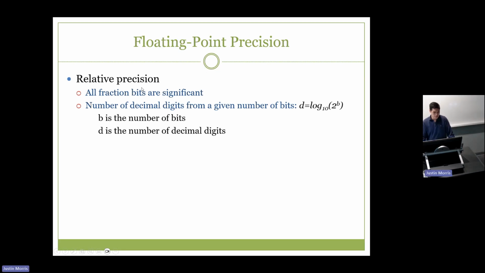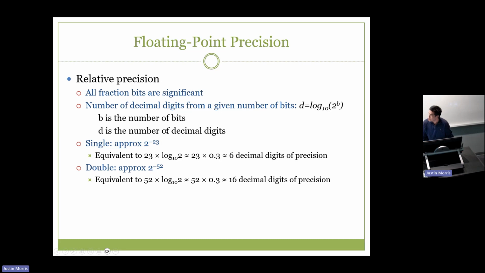So floating point precision is a relative precision based on the exponent bits. All of the fraction bits are significant, and the number of decimal digits from a given number of bits is given by this equation, where b is the number of bits and t is the number of decimal digits.